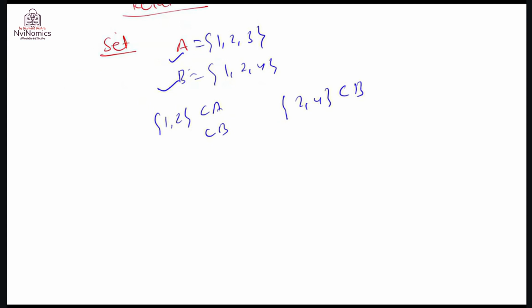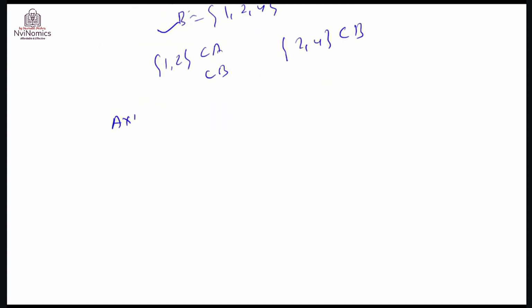So in the relation we are going to learn, we have two sets A and B. Here we have to define ordered pair. So we are going to define the ordered pair first. Let me write down ordered pair.